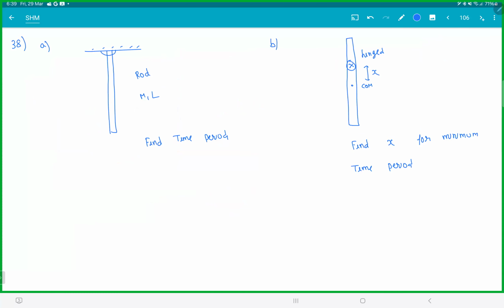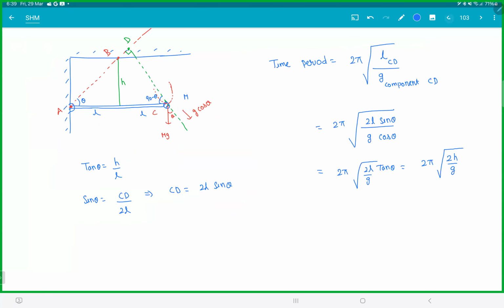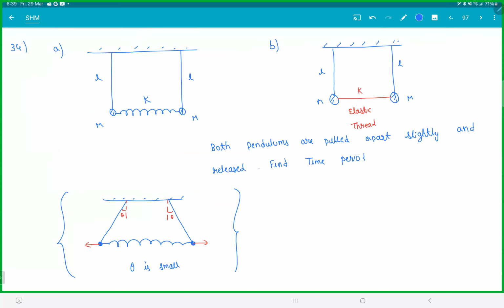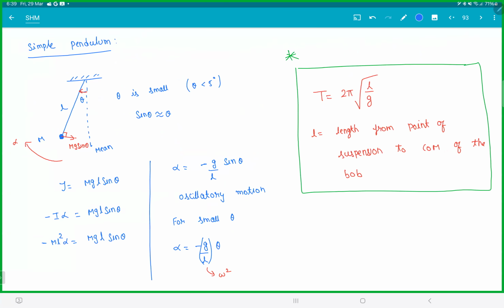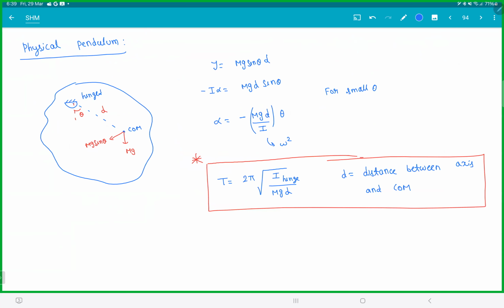I don't know how you got that though, but let's get this. We have a rod suspended from one end, and in the second question, you suspend it at a distance x. Find x for minimum time period. Which formula to use? Physical pendulum: 2 pi root over I by mgd, where I is the moment of inertia about the hinge, and d is the distance from the center of mass to the hinge.